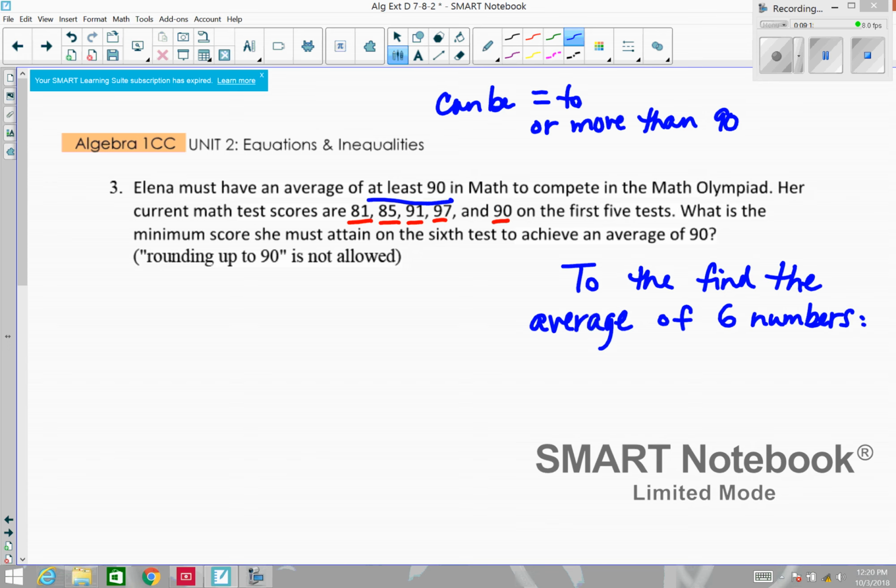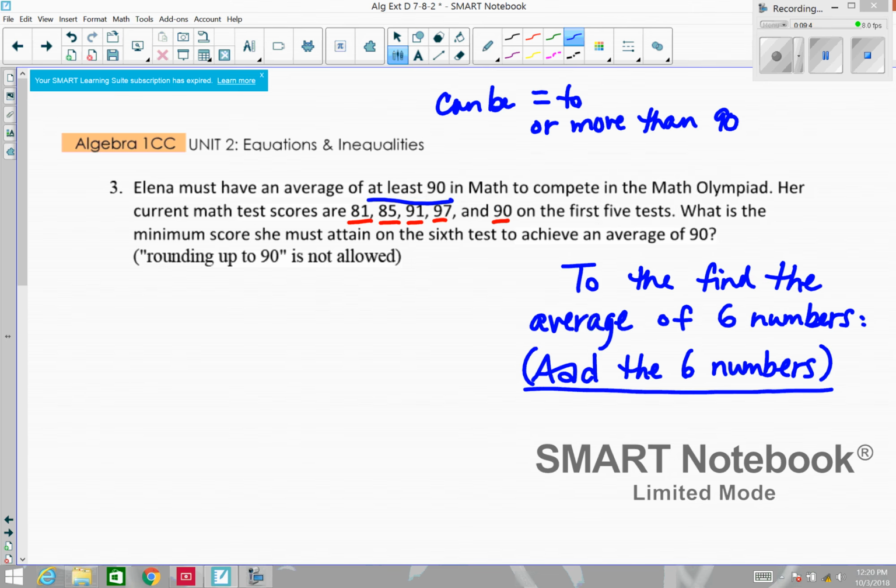What we would need to do is add up our 6 numbers, or sum them up. And then whatever we get for that total sum, we would divide by the number 6.